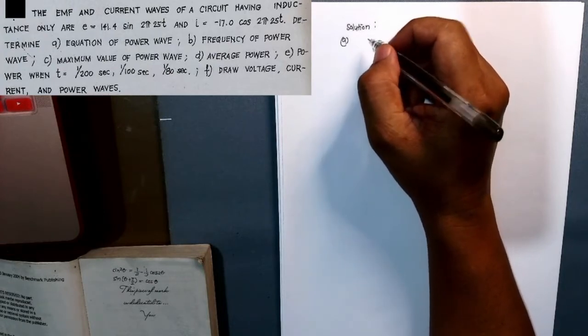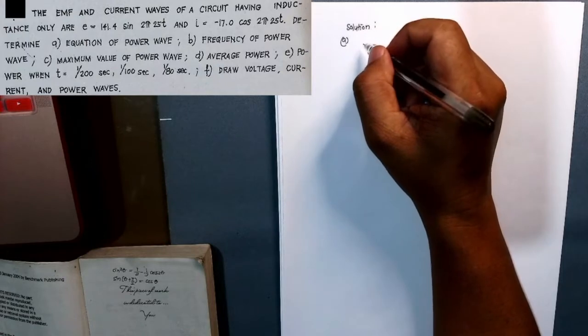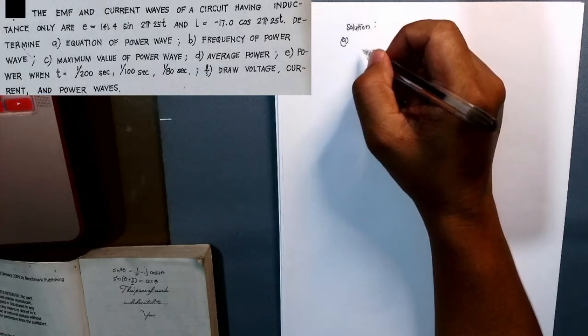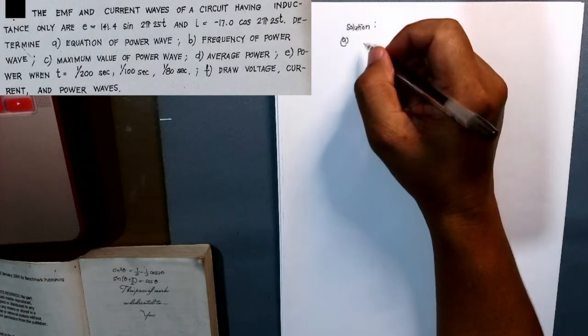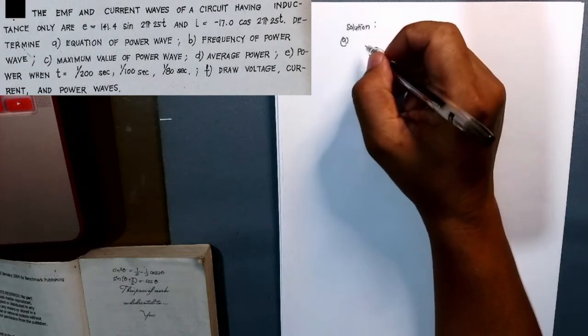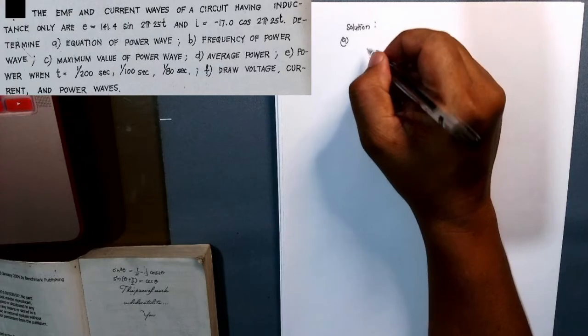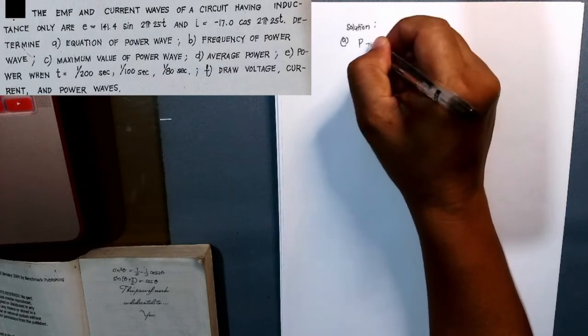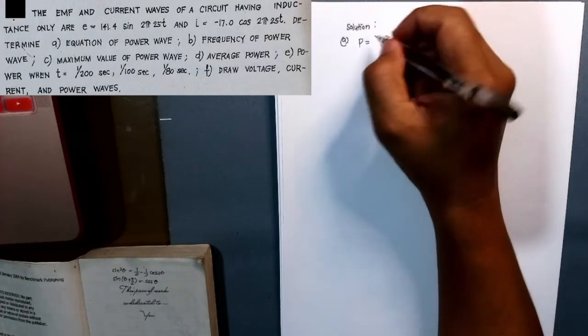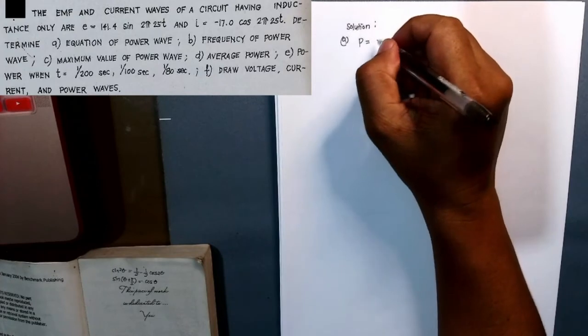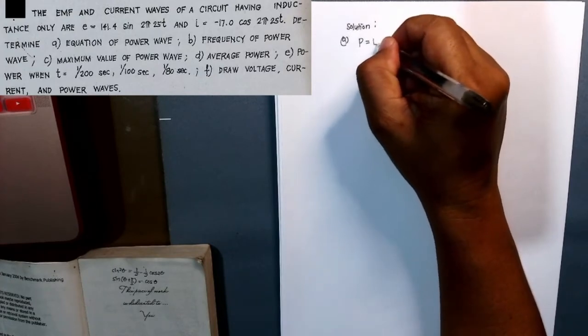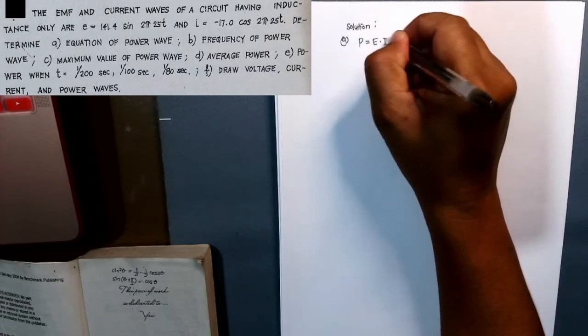Since given here are the voltage and the current equations, we can apply the concept that power is equal to the voltage times the current.